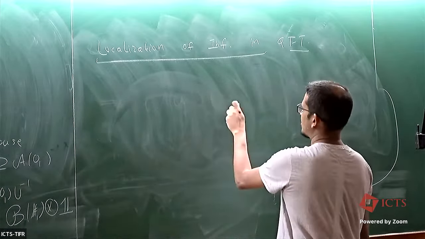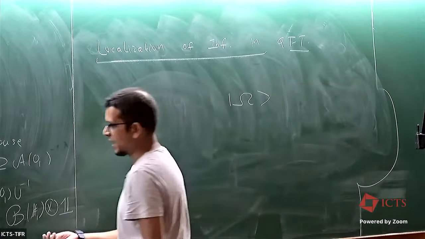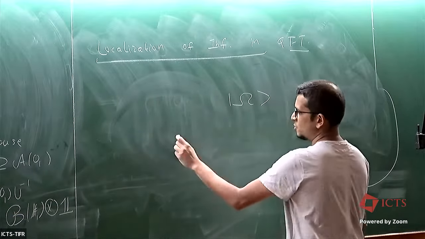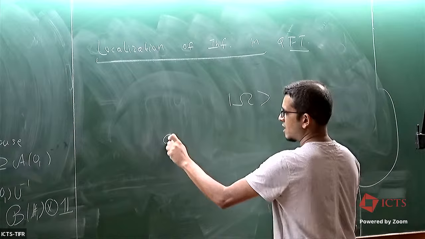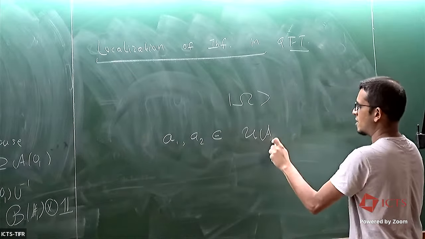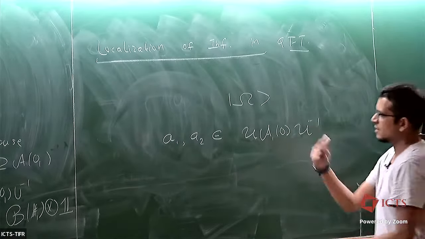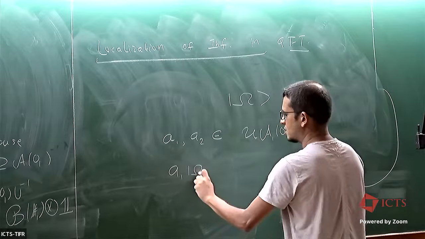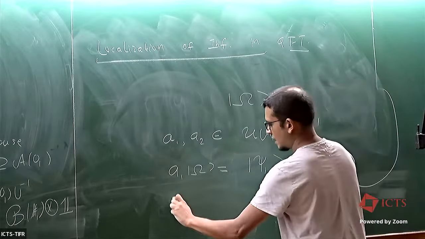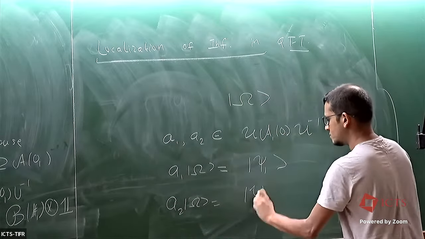Let's first start with our omega, and then let's apply something from U. Let's say there are two elements A1 and A2 in U, such that when A1 acts on omega, we get some psi 1, and when A2 acts on omega, we get psi 2.